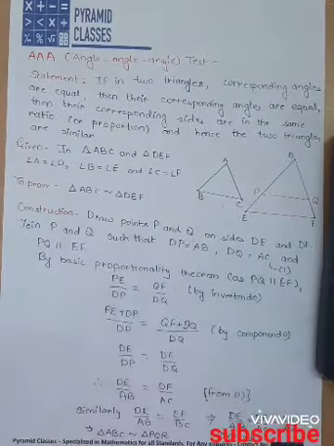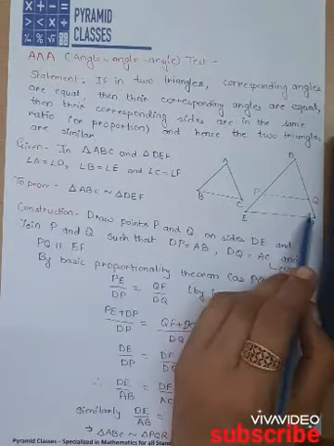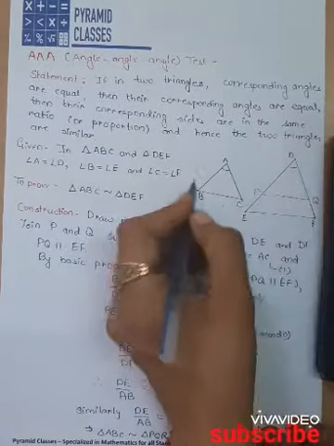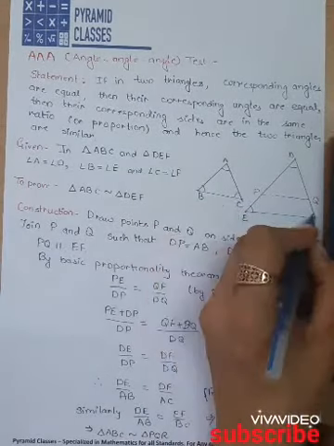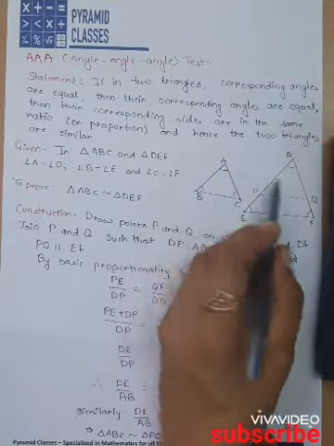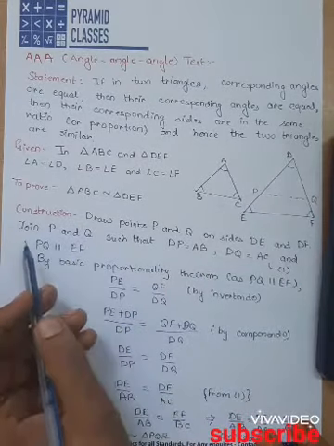Here we are given two triangles. We have constructed two triangles ABC and DEF, where angle A equals angle D, angle B equals angle E, and angle C equals angle F. We have to prove that triangle ABC is similar to triangle DEF. Now we will do a little construction.